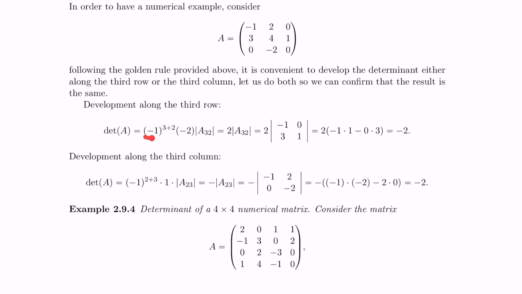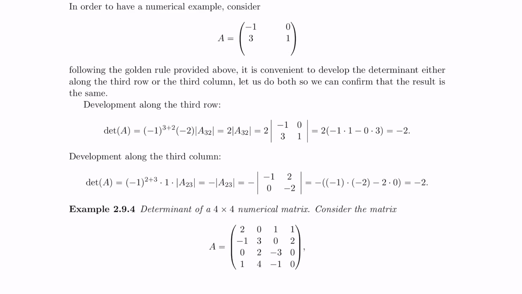So we have -1 to the power 3 plus 2. Finally, we have to multiply all this by the minor 3,2 of the matrix. So we have to erase the third row and the second column, remaining with this submatrix of order 2.